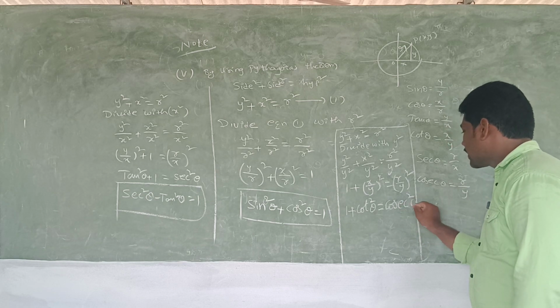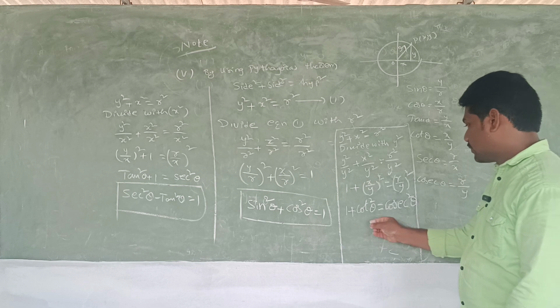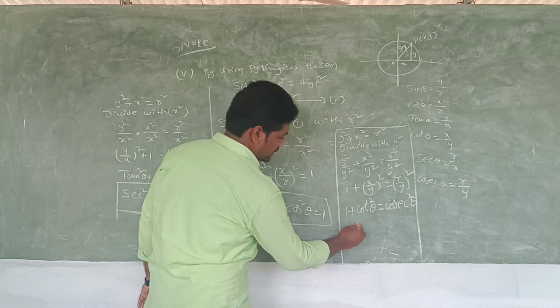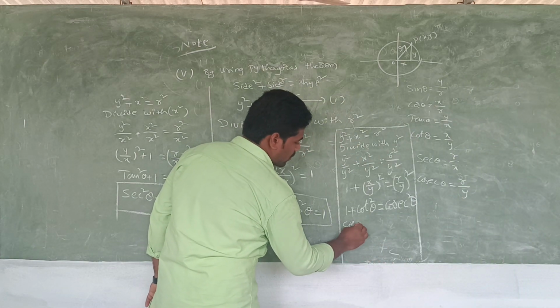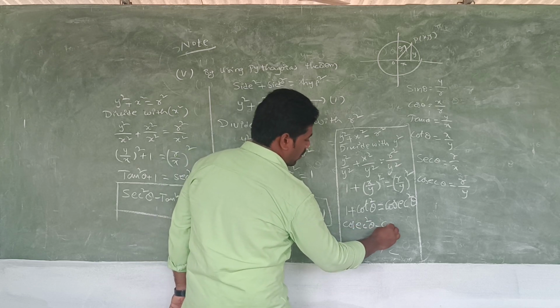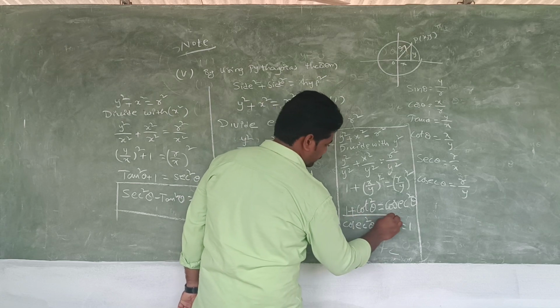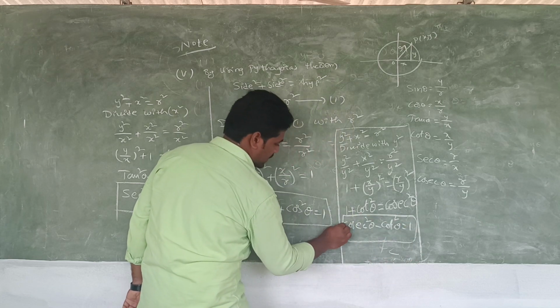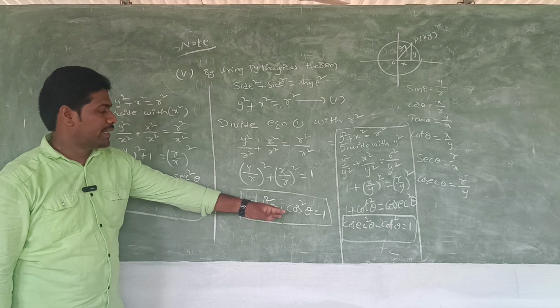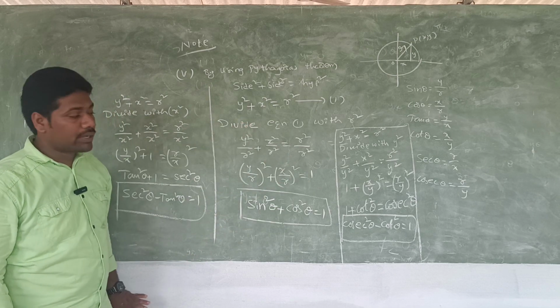Now I am sending cot square theta to the right hand side. We can write it as cosecant square theta minus cot square theta is equal to 1. This is the third identity. We have three identities using these trigonometric ratios.